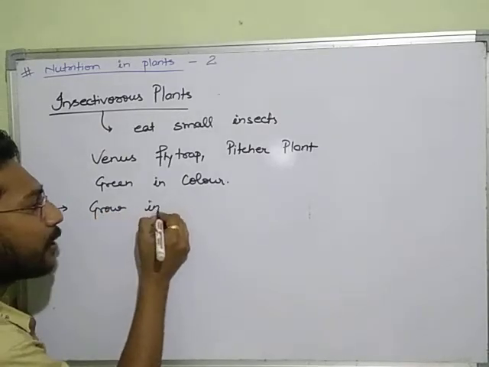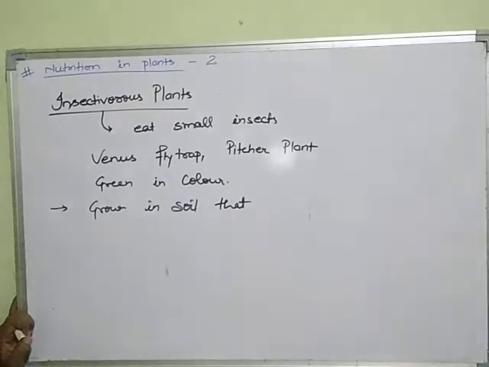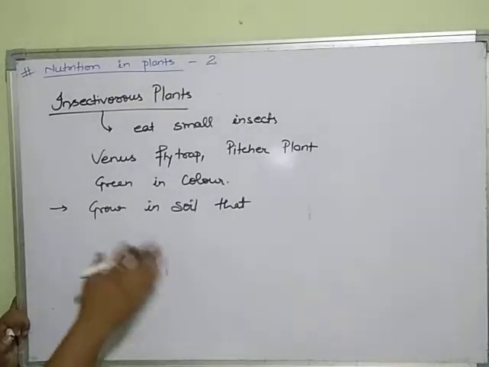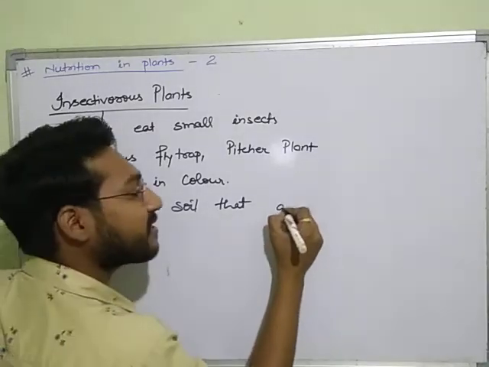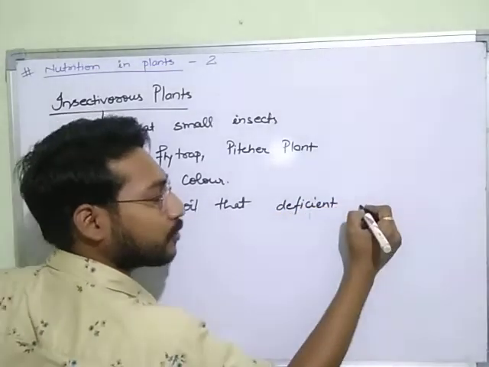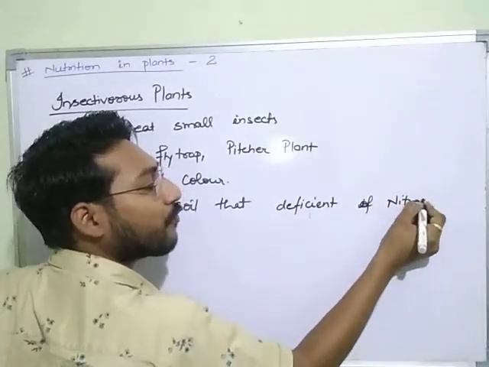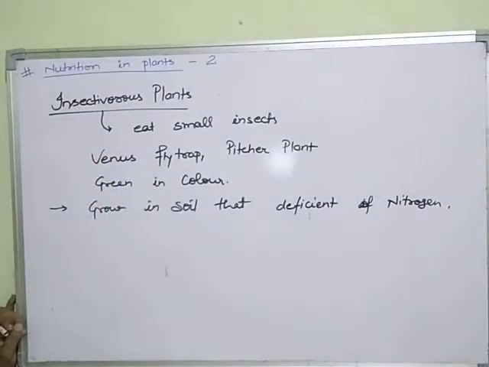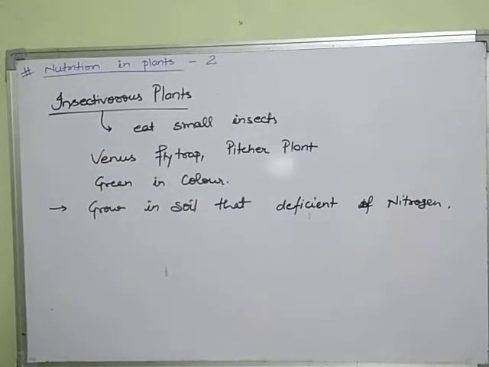They grow in soil, and if they are growing in soil, then there is a deficiency of nitrogen. So for fulfilling the deficiency of nitrogen, they eat insects.